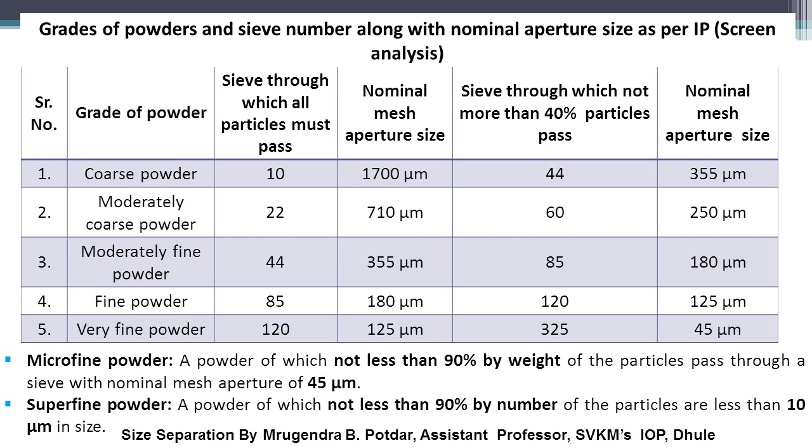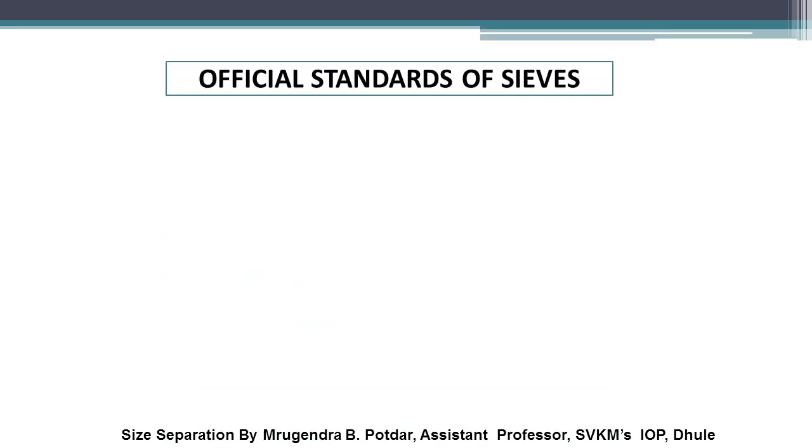Superfine powder is a powder of which not less than 90% by number of particles are less than 10 micrometer in size. If the particles pass through a sieve having a nominal mesh aperture size of 10 micrometer, then that powder is called superfine powder. So these are again the grades of powders.